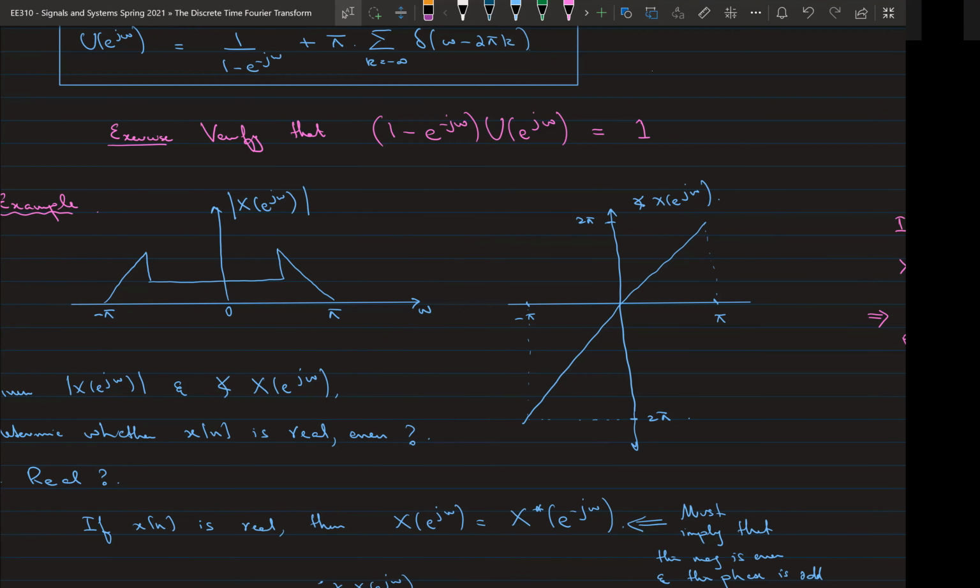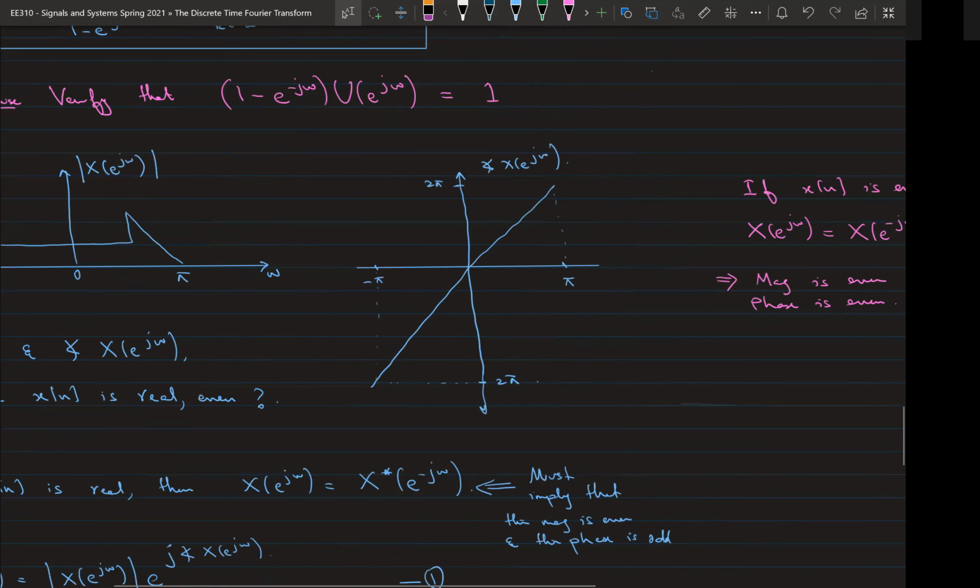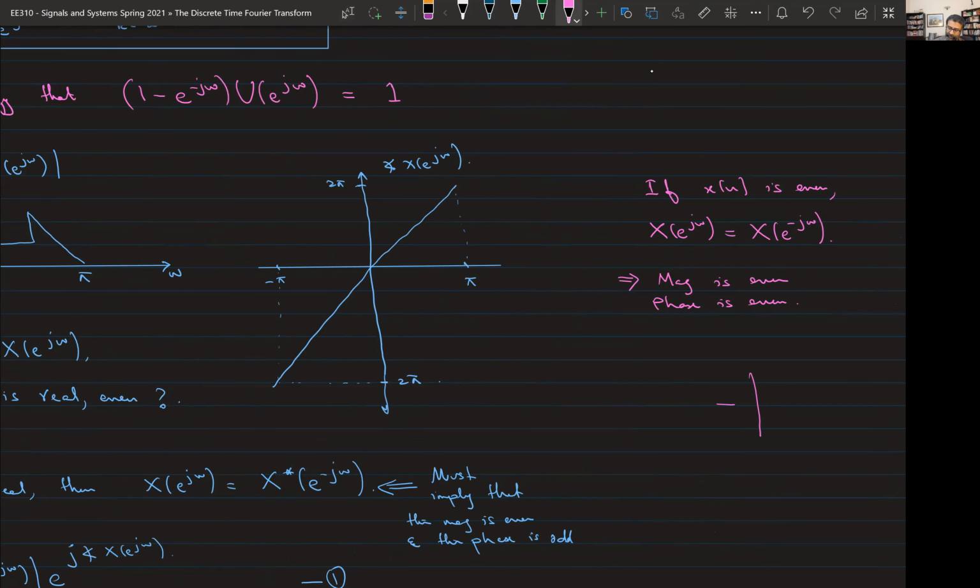Because the phase is introduced by the complex part. If the phase is zero, then everything would reside on the real axis. So if this is the real axis and this is the imaginary axis, and I just look at the polar coordinates, for my vector to be residing on the real axis, my phase should either be 0 or it should be pi. That would mean that the signal is real.